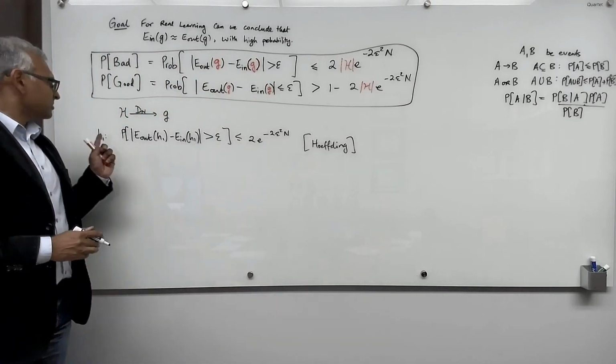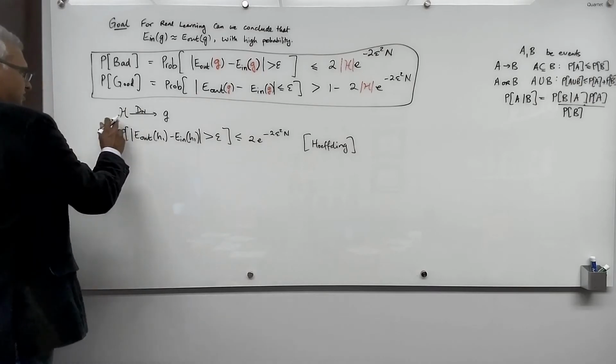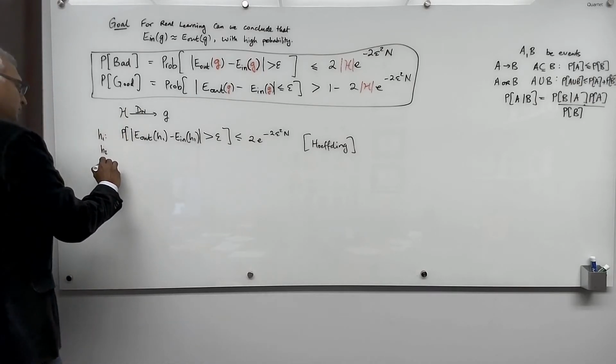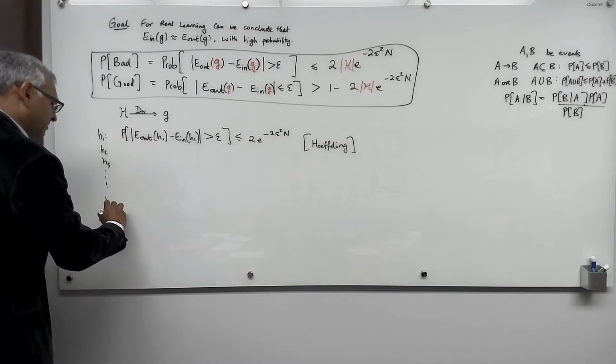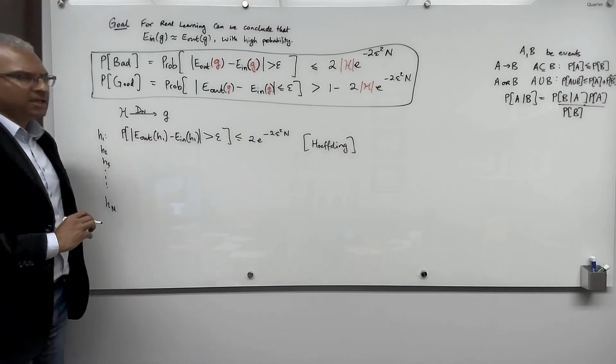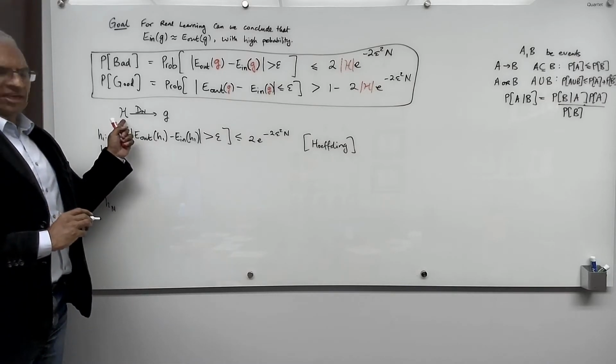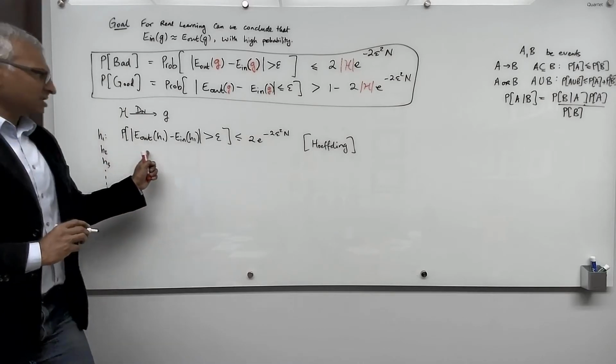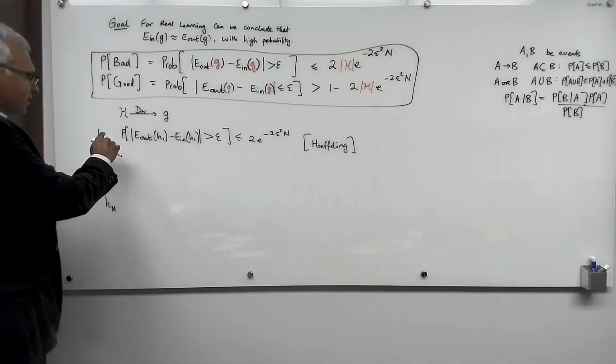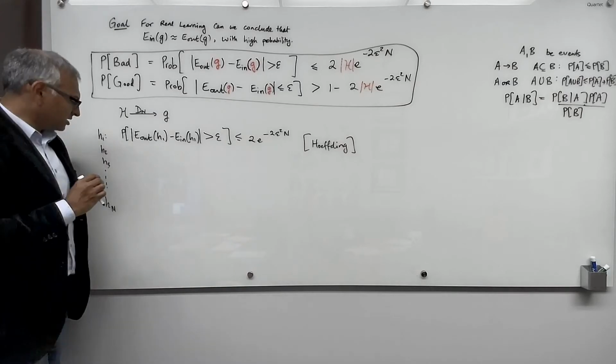And there's nothing special about H1. The hypothesis set has H1, H2, H3, up to H sub M. We're assuming the hypothesis set is finite, so it has a finite size M. So this same inequality holds no matter which specific fixed H I decide to choose.